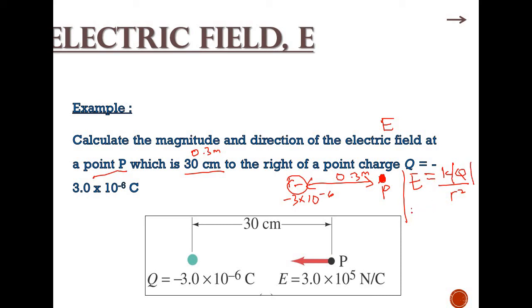So E equals k, where k is 9 times 10 to the power of 9, times the modulus of Q, which is 3 times 10 to the power of negative 6, over r squared, where r is 0.3 squared.